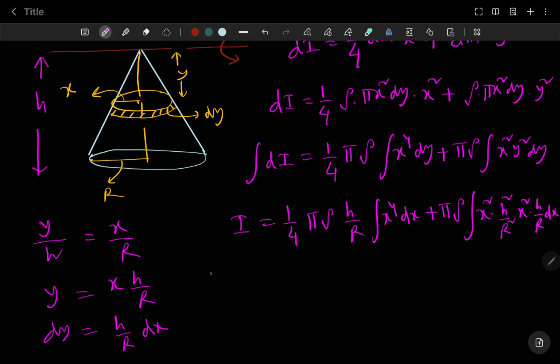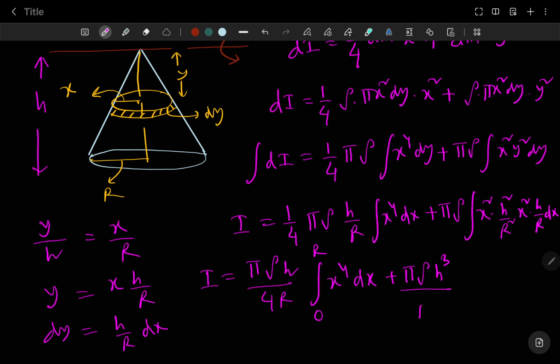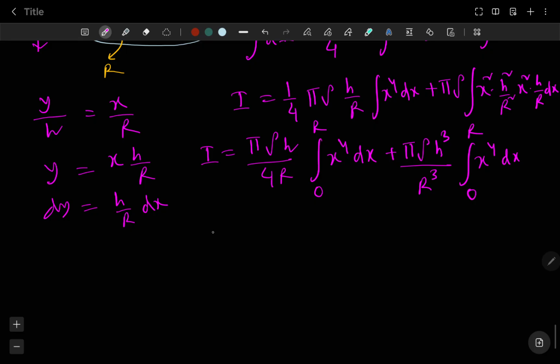So it is pi rho h by 4r x⁴ dx from 0 to r plus pi rho h cube by r cube x⁴ dx from 0 to r.